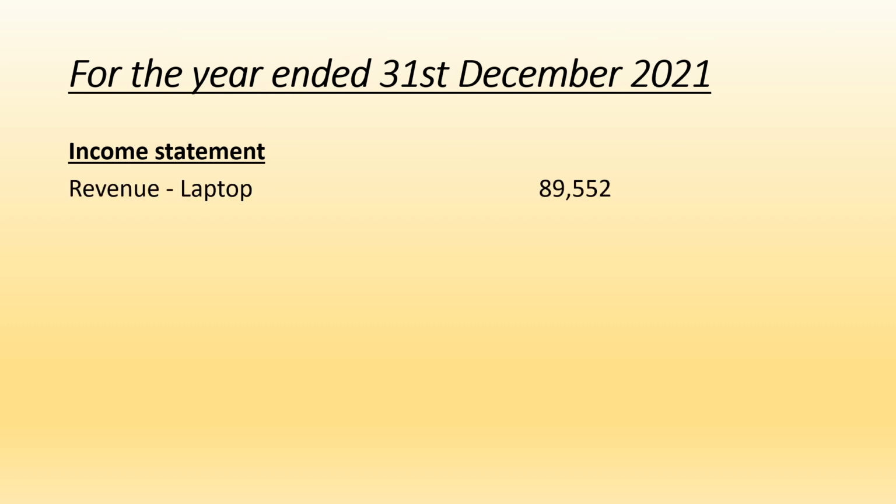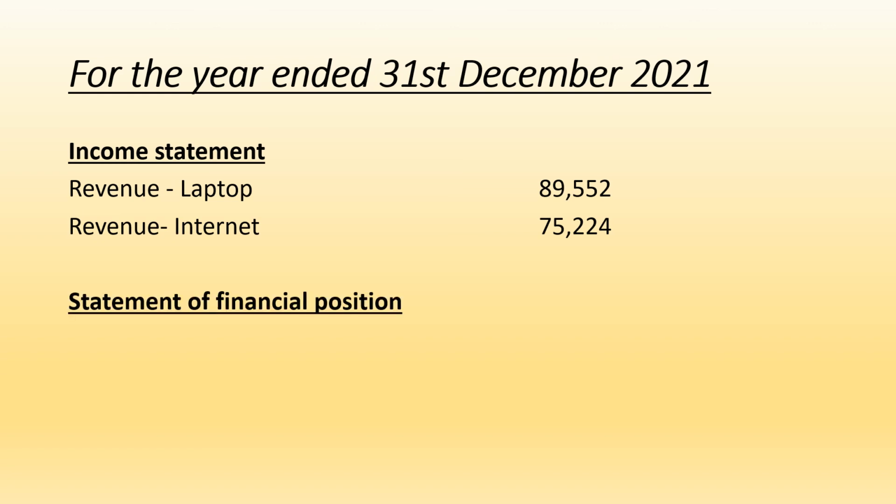Therefore, for the year ended 31st December 2021, in the income statement, we are going to recognize the revenue from the laptop as well as the revenue from the internet facility. And in the statement of financial position, under current asset, we are going to recognize the balance from the debtor by 75,224.